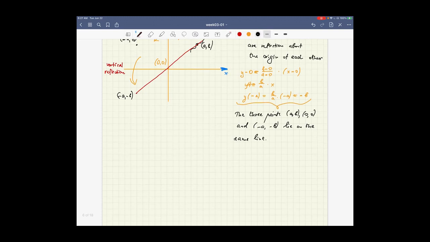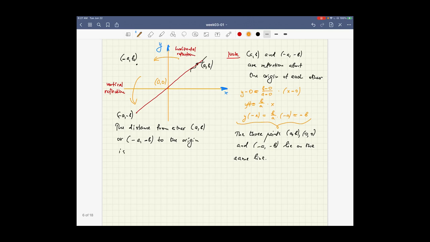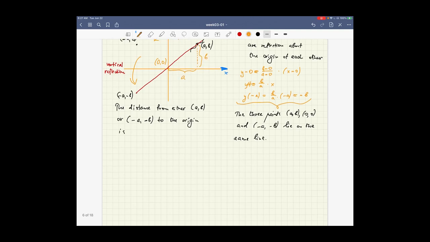The distance from either point a comma b or negative a comma negative b to the origin is, if you use the Pythagorean theorem or the formula for the distance between 2 points, with these distances being a and b, the hypotenuse in this right triangle, which is simply square root of a squared plus b squared.